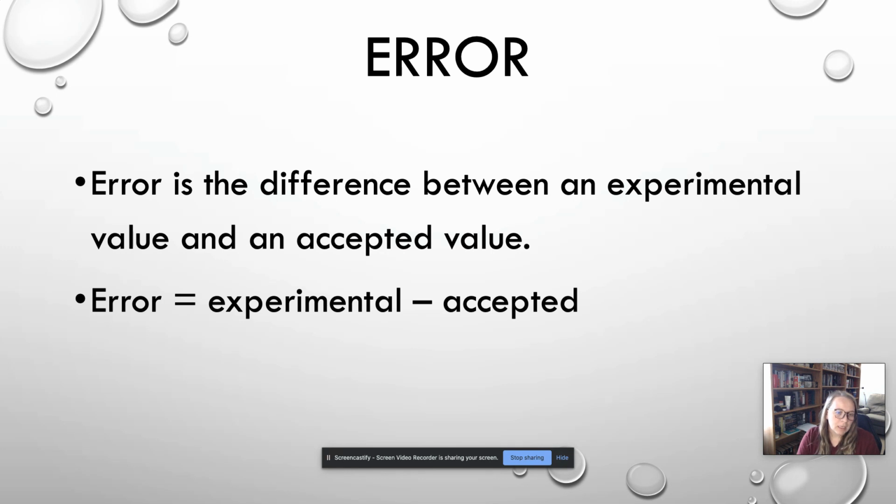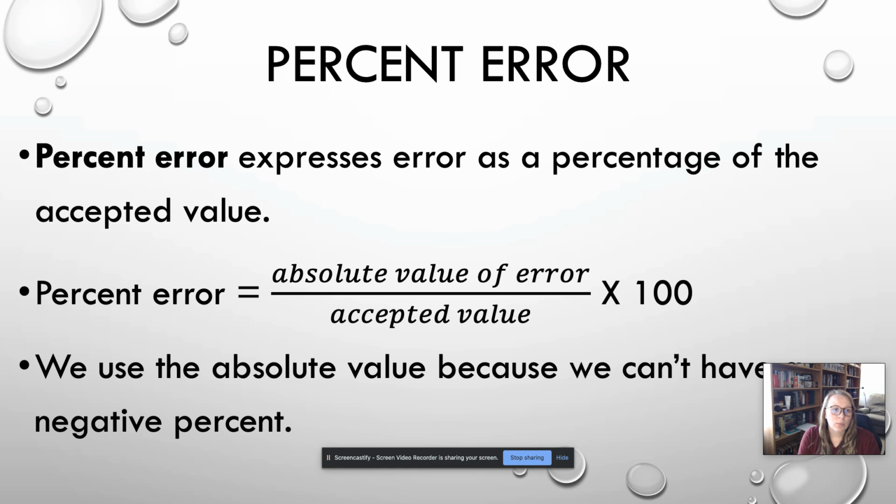Okay. Now, it's not super helpful to talk about error just in terms of this number because we don't know how to compare across different experiments, across different units, things like that. So the most useful way to talk about error is using percent error. Okay, so all that does is it takes that value of error that we just calculated and it expresses it as a percent.